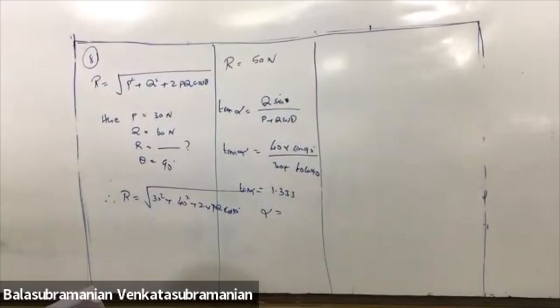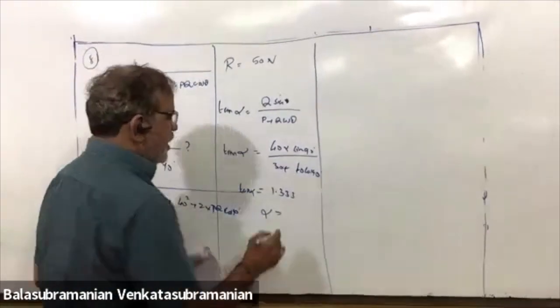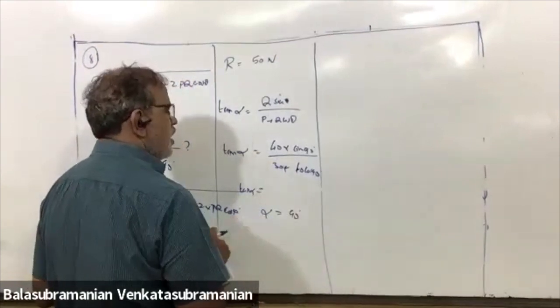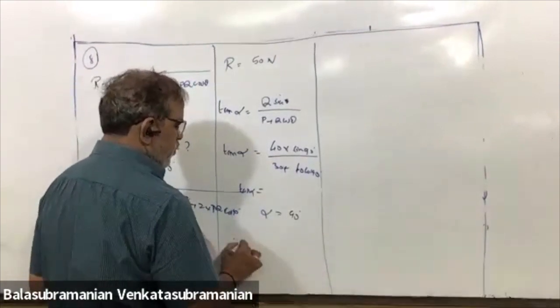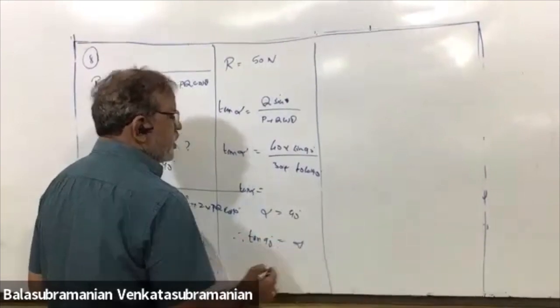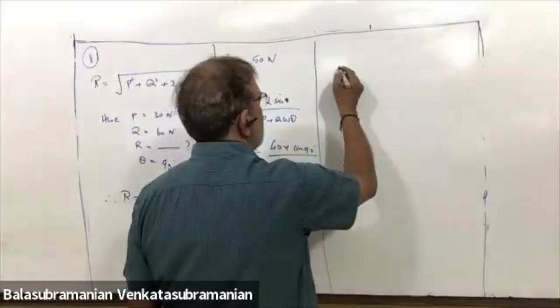Effective pull is at right angles to the direction of pull of the first buoy. Alpha is 90. Therefore, tan alpha, tan 90, is equal to infinity. So what will happen?